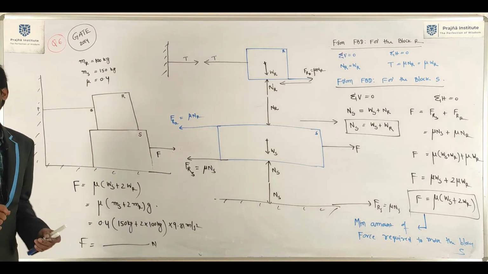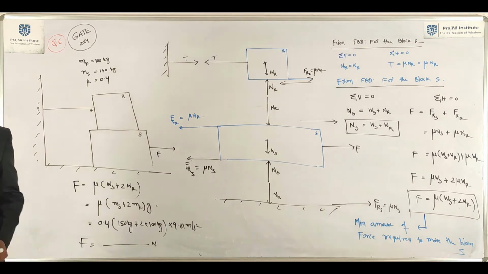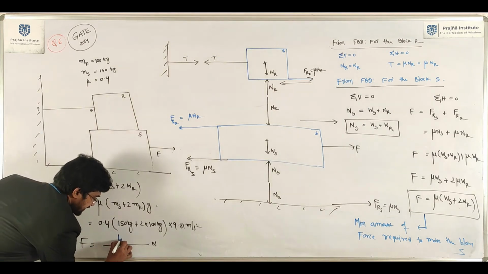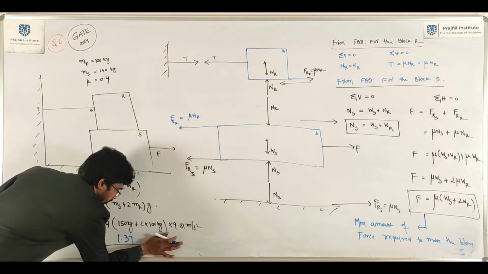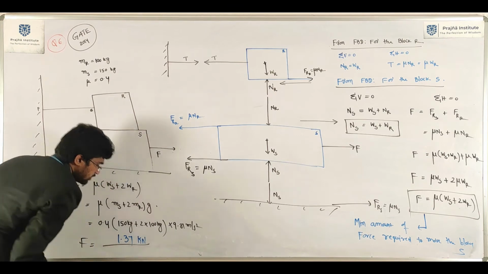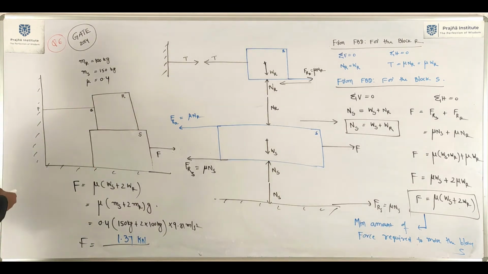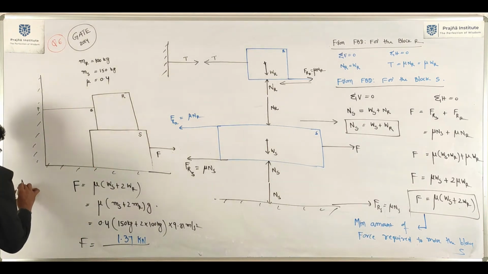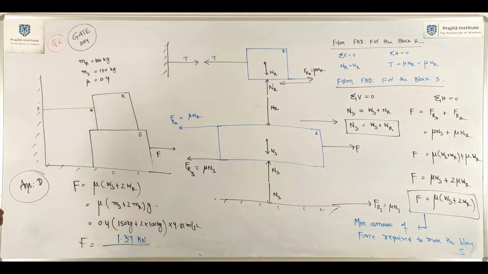I think 1.37 kilonewton. Option D. 1.37 kilonewton, option D. Sure? Next, question number 7.